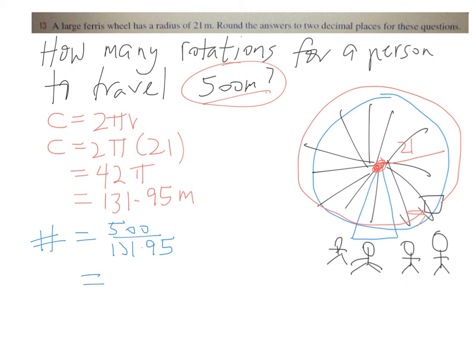And then Control C, I'm just going to copy that, 500 divided by Control V for paste, 3.79. So you've got to go around about 3.79 times to travel 500 metres. And that's all there is to it. There may be similar things, but it's pretty much the same principle.